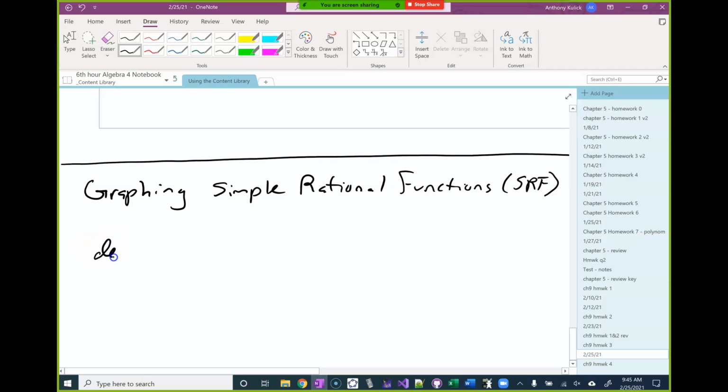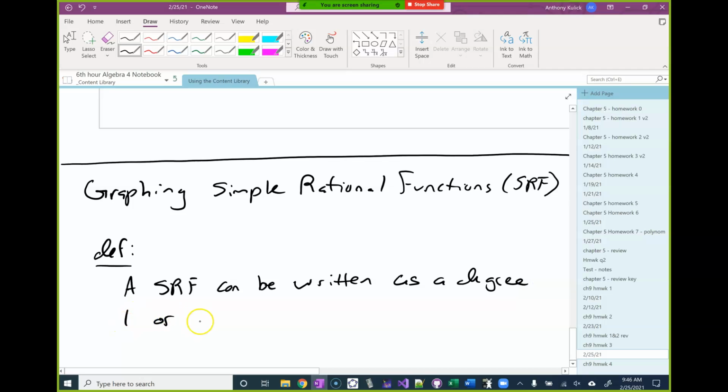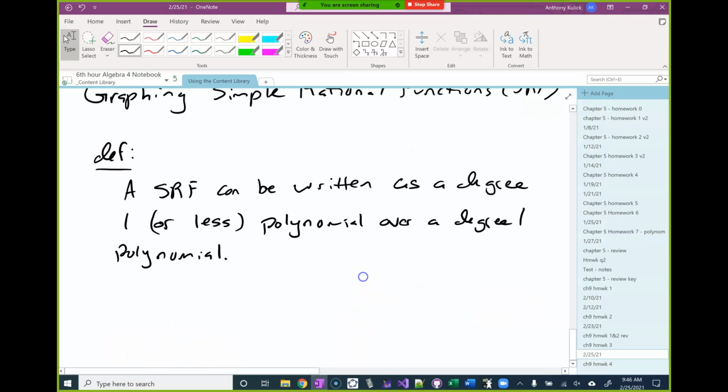So let's start by defining what we mean by a simple rational function. A simple rational function can just be written as a degree 1 or less polynomial over a degree 1 polynomial.